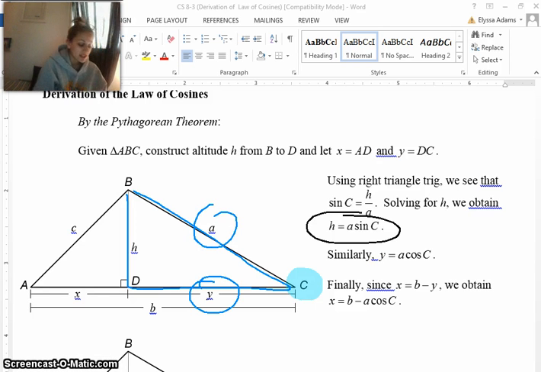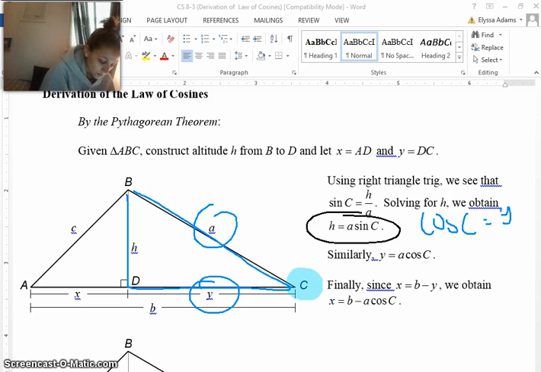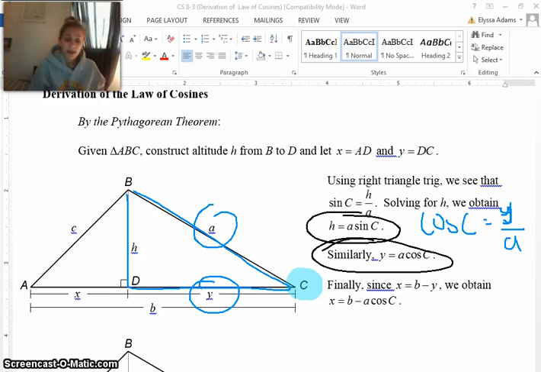So you get that the cosine of c is equal to y over a. I'll write that out. Cosine c equals y over a. So if we multiply both sides by a, that's how we get this. y is equal to a times the cosine of c. Okay?